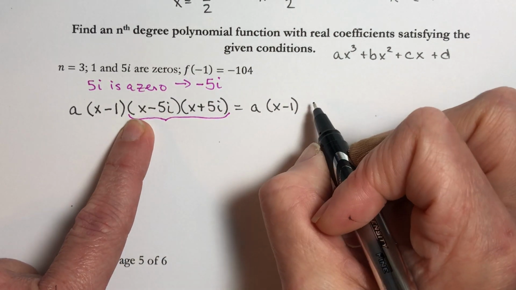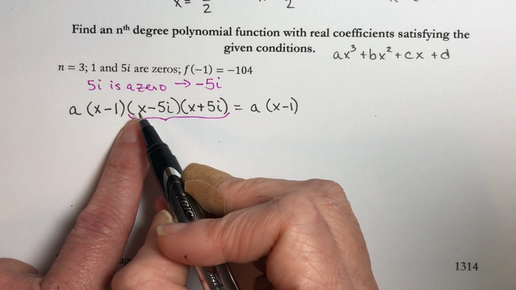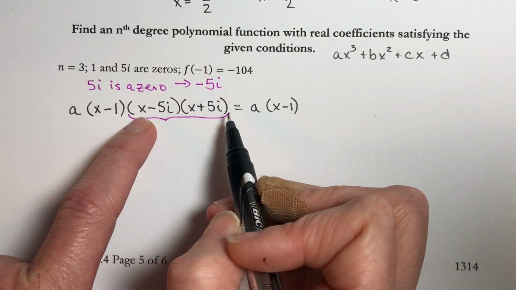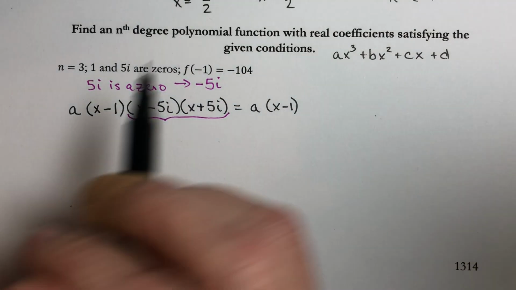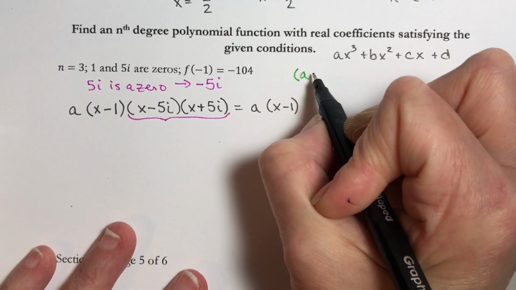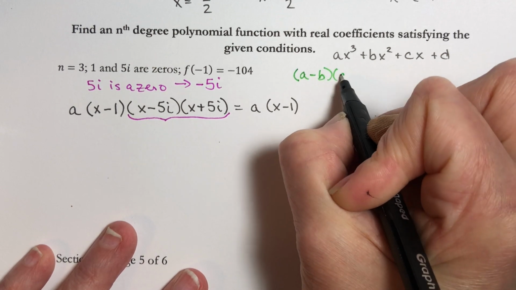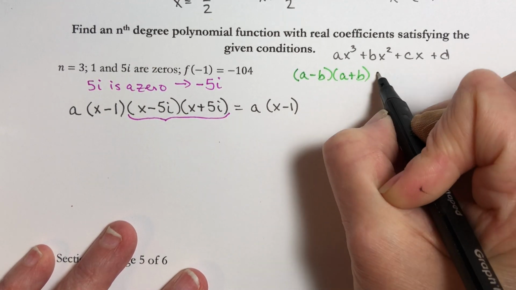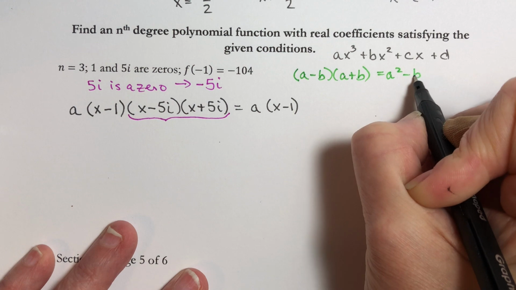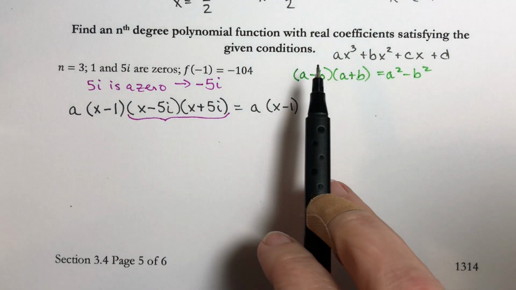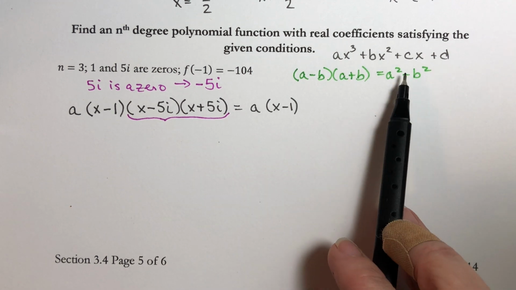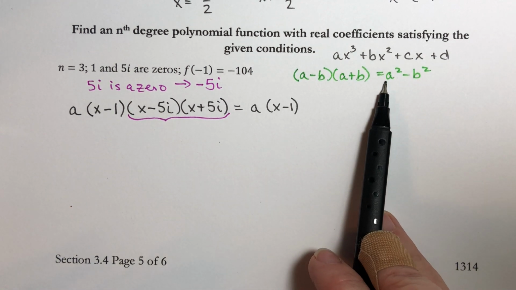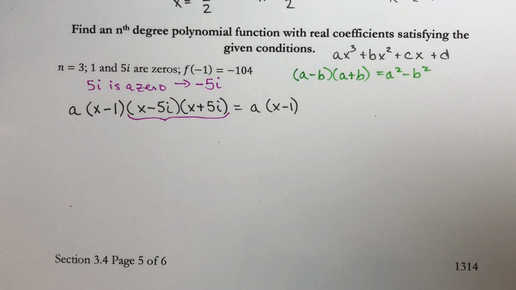X times x, well, this is a difference of squares, really, isn't it? Because I have the same two terms, one with a plus, one with a minus. And remember, difference of squares looks like this: if you have a minus b times a plus b, or plus then minus, it always multiplies out to you square your first term minus you square your second term.